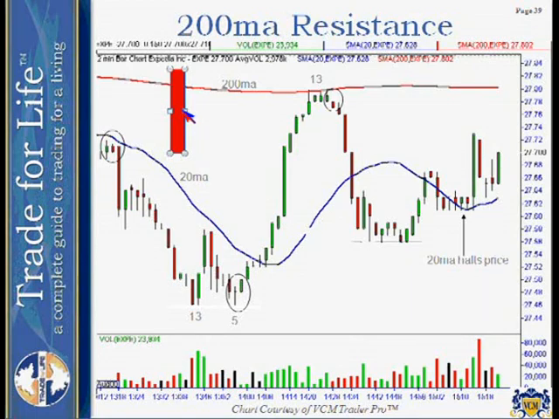Yeah, that's very true. When you're playing off the 200, your 20 will always be opposing your play. It has to, otherwise it wouldn't be near the 200. All right? So yes, remember I told you that's a general guideline.